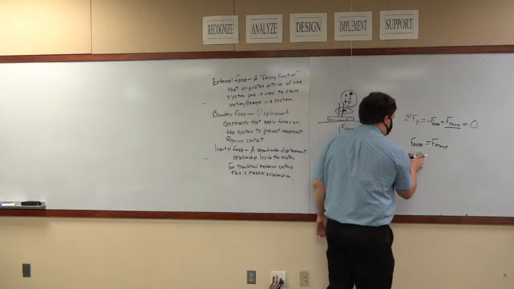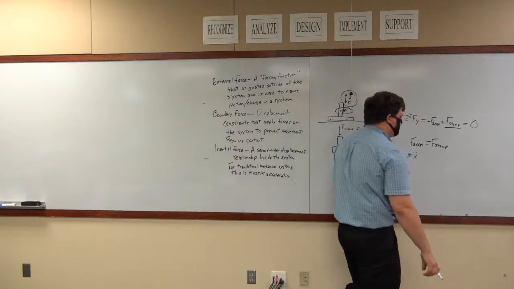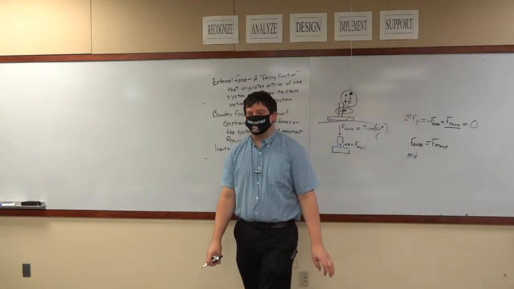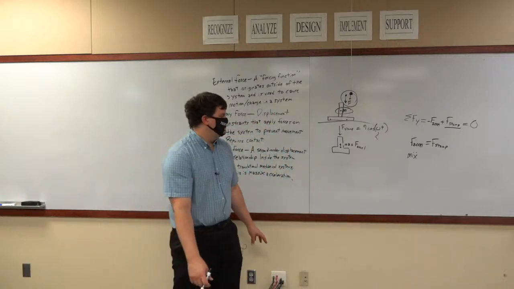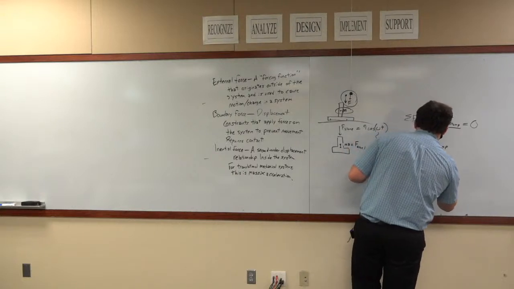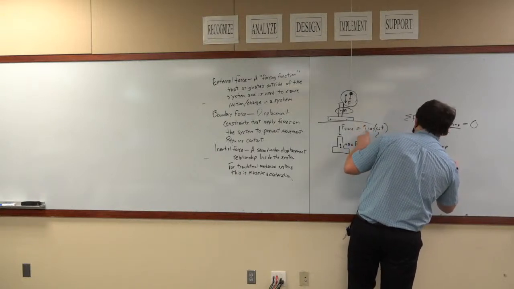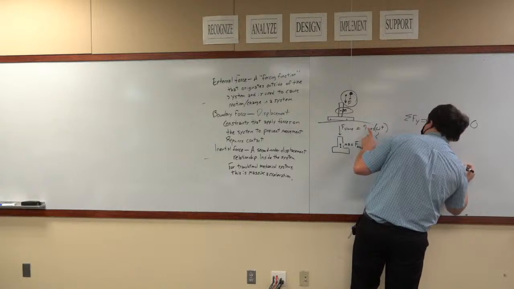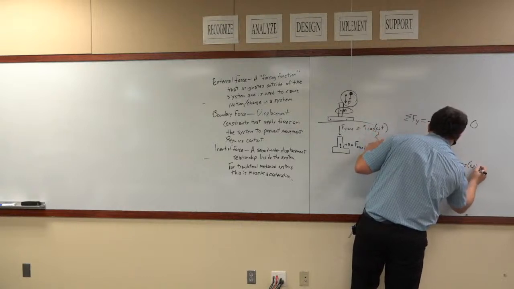It's just easier to write it as dots because most of our derivatives will be with time for this class. So m x double dot is equal to whatever F stamp is. We set that as, what, 9 cosine omega t.